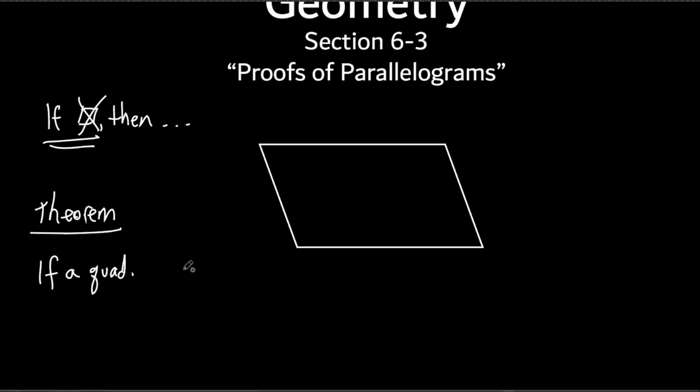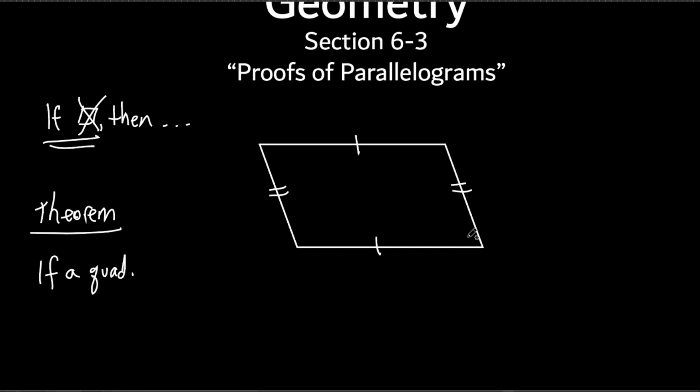If this is a quadrilateral, and both pairs of opposite sides are congruent to each other, now watch. If these two are equal to each other and these two are equal to each other, what do you think we could call this thing? Well, it's a quadrilateral to begin with, without knowing anything. But knowing that the opposite sides are equal, what can we say about this thing now? It's a parallelogram, okay?